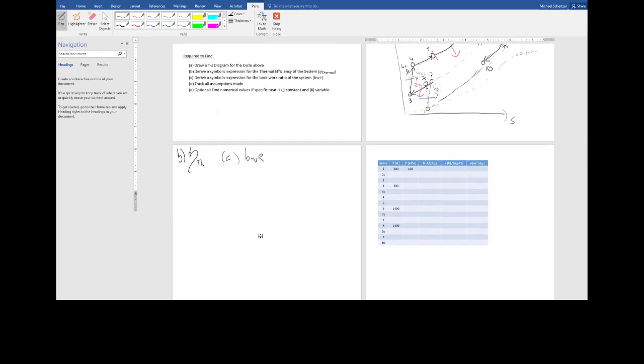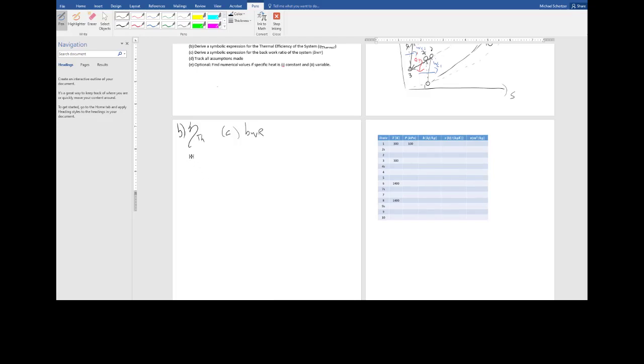Right? So when I talk about thermal efficiency, this is going to be energy benefit divided by energy cost, which is going to be the sum of all my turbine powers, which are positive, plus the sum of all my compressor powers, those are negative.